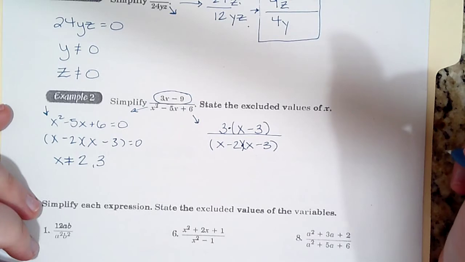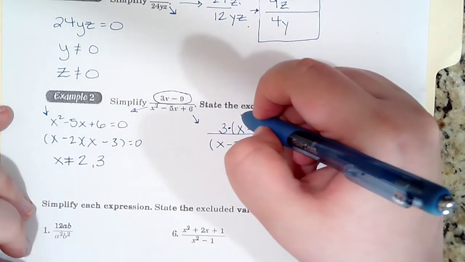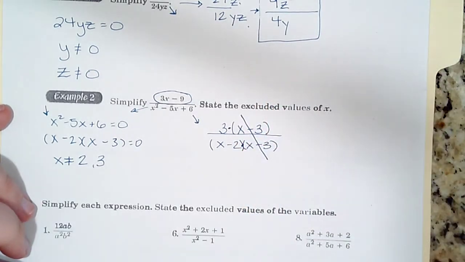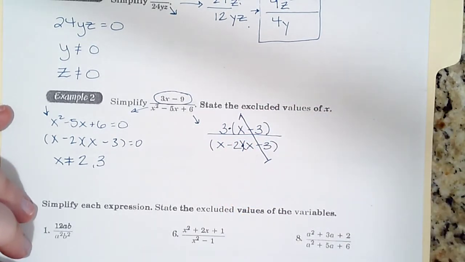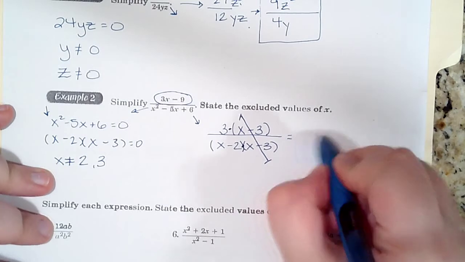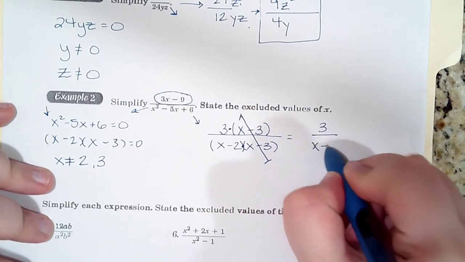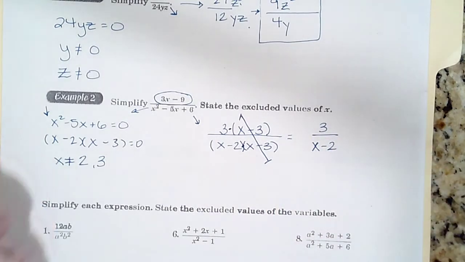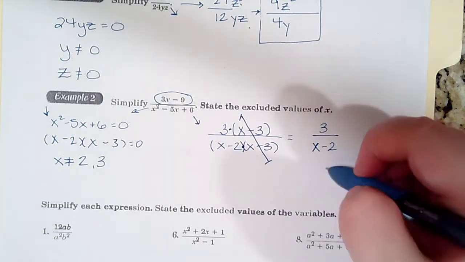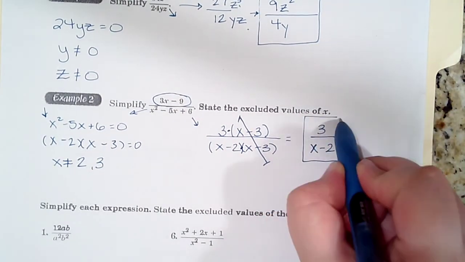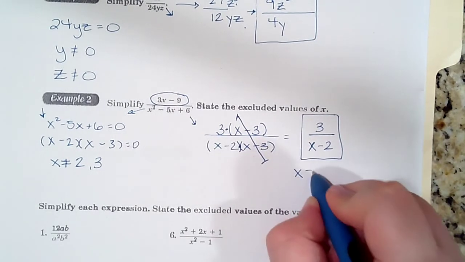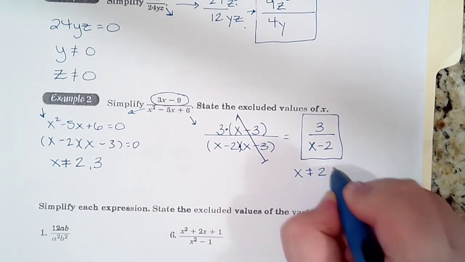So this is technically just a fancy 1, and we can cancel it. We can make it into just a 1. Once we've canceled those, we are left with 3 over x minus 2. And because there's nothing else we can simplify there, because there is a subtraction in the middle, this is our final answer. Of course, with our excluded values being 2 and 3.